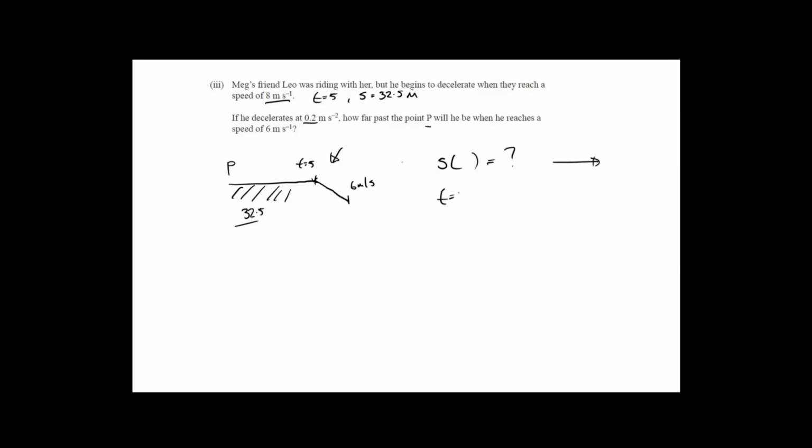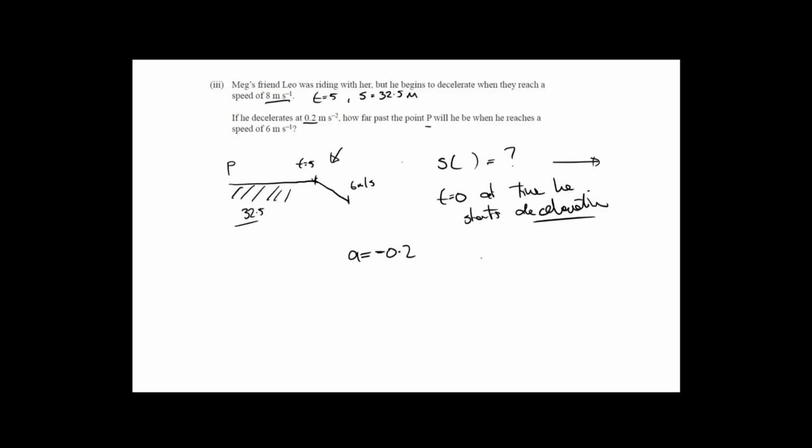So t equals 0 at the time he starts decelerating, which is he's slowing down. So the acceleration at any point in time after there is going to be negative 0.2 because he's decelerating.